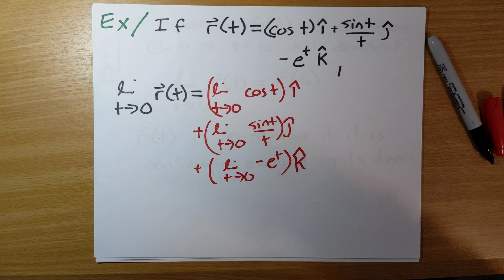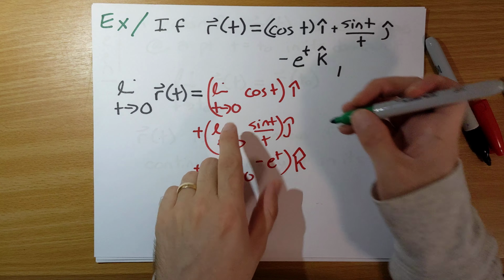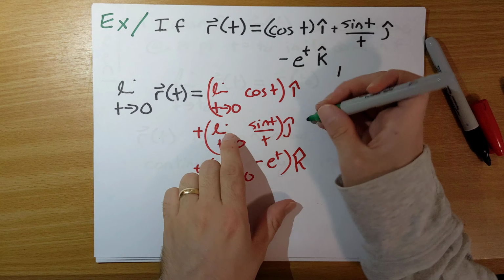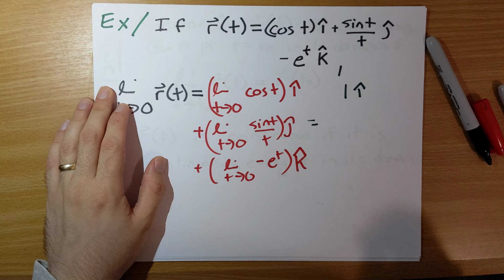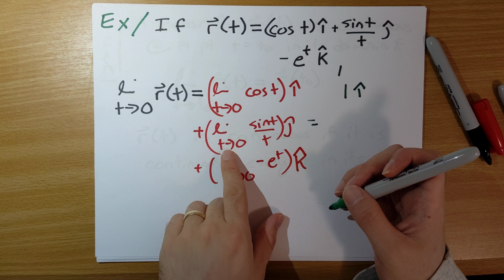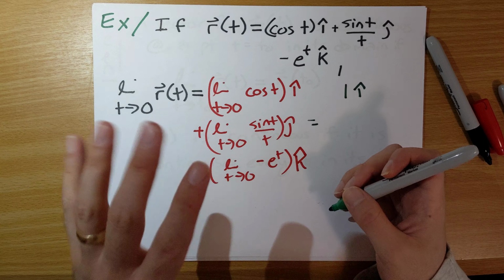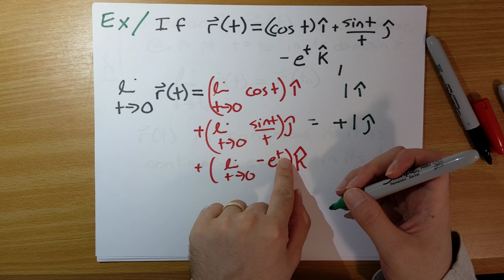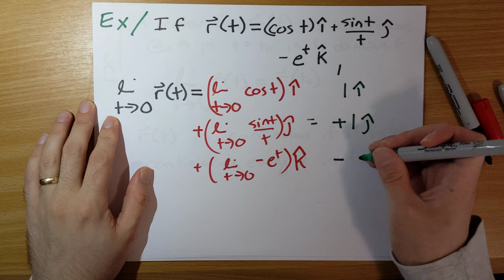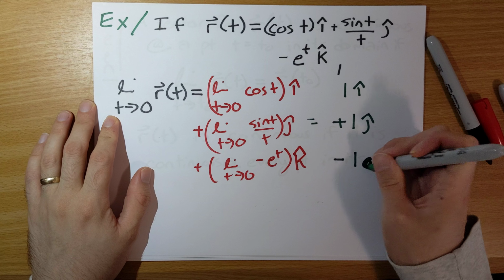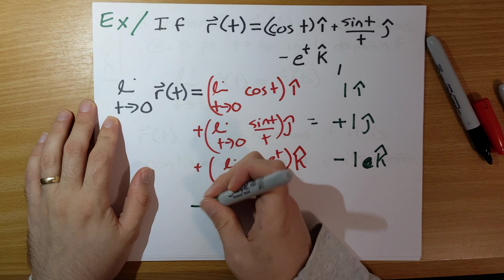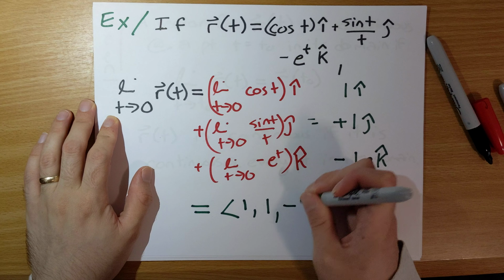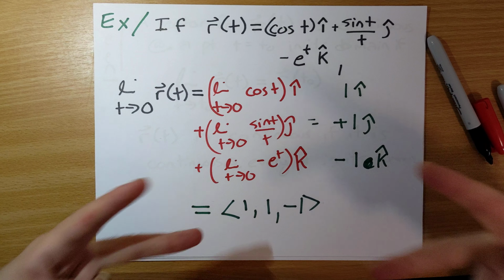And now we just have to compute these three limits separately. The limit as t goes to 0 of cosine t, that's just plug in 0. That is 1. The limit as t goes to 0 of sine t over t, that's 1 to know off the top of your head. That limit is also 1. So 1 times j hat. The limit as t goes to 0 of negative e to the t, that will be negative 1 just by plugging in. Negative 1 k hat. So the answer here is 1, 1, negative 1, written in this form.